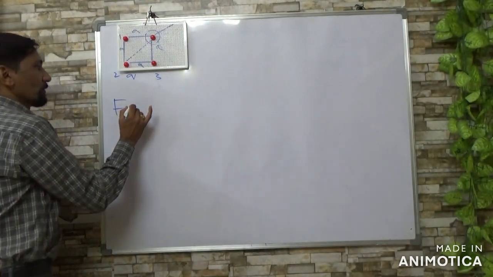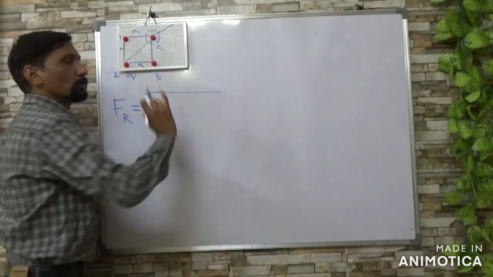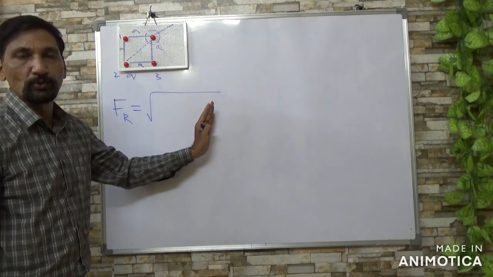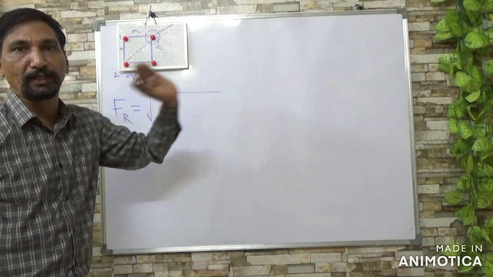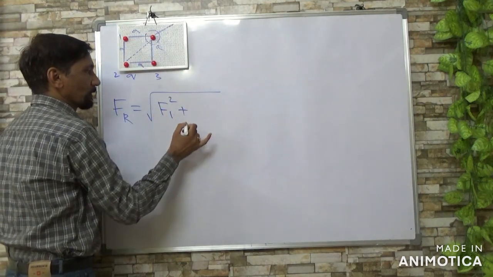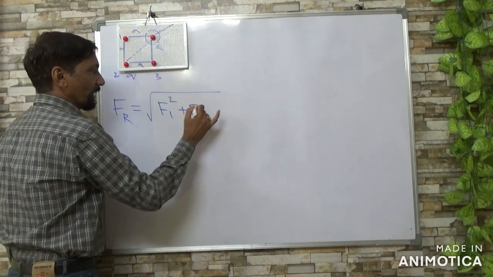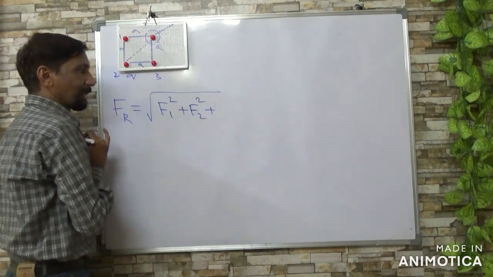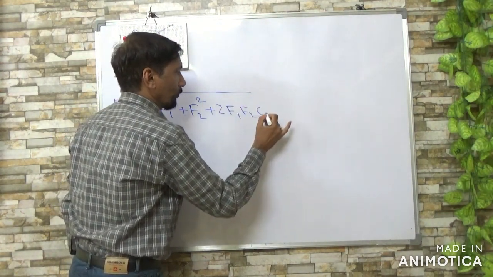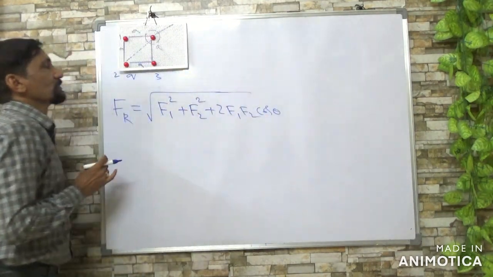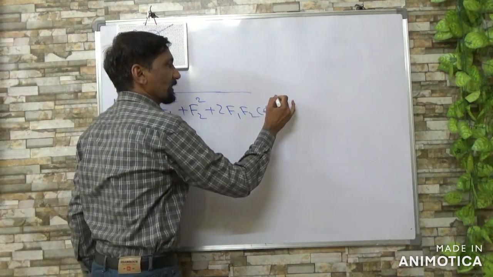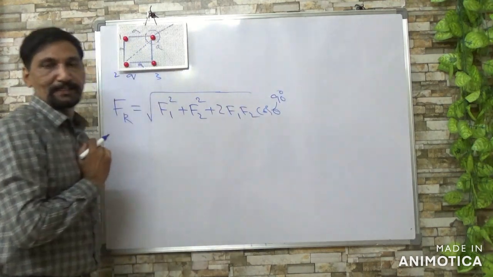According to the parallelogram law of vectors, the resultant is root over F1 square plus F2 square plus 2 F1 F2 cos theta. You know they are acting at right angles, so theta is 90 degrees.